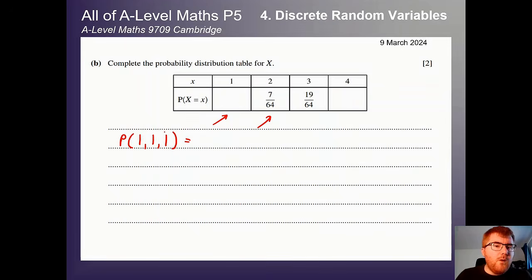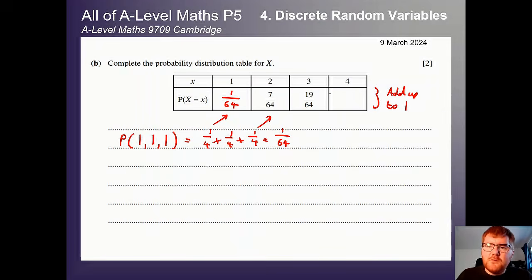The probability of 1, 1, 1, that's going to be 1 over 4 times 1 over 4 times 1 over 4. So that gives us 1 over 64. So again, start with the easiest, and then hopefully we can work out the hardest without having to go through all the combinations. Notice probabilities always have to add up to 1. We talked about this in the probability section.